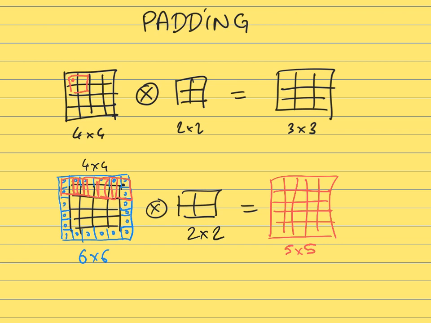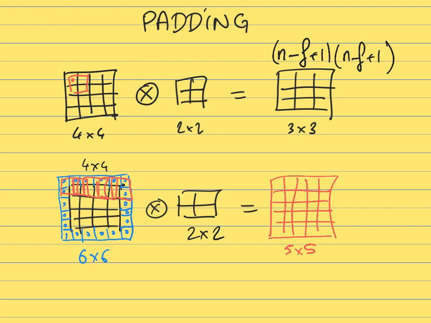So now the general formula is going to give you the size of the output that you will get. It's still the same idea. When you have no padding, the size of the outcome is the size of the image minus the size of the filter plus 1, and that's what you will get for the height and the width. Now instead of having n, we need to add the size of the padding.